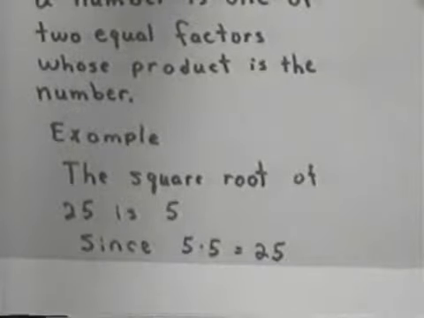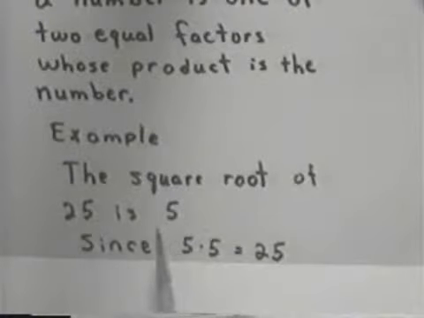In other words, to find the square root of 25, I need to find one of two equal factors whose product is 25. Now 5 is equal to 5. They're factors because they're multiplied. And if I multiply 5 times 5, I get 25. So the square root of 25 is one of these two equal factors. So the square root of 25 is 5.